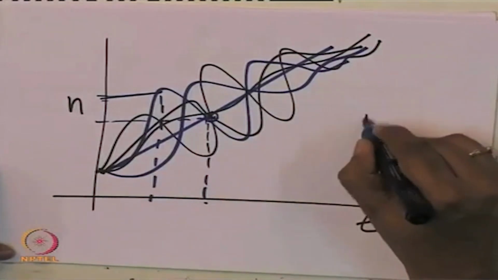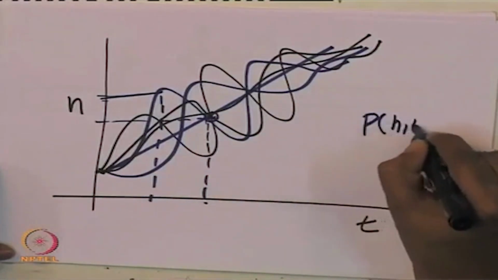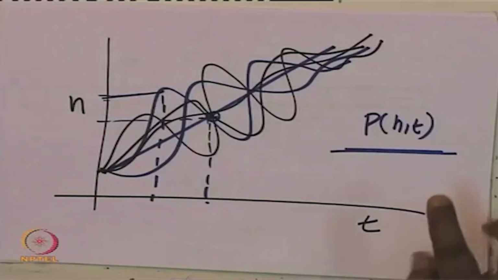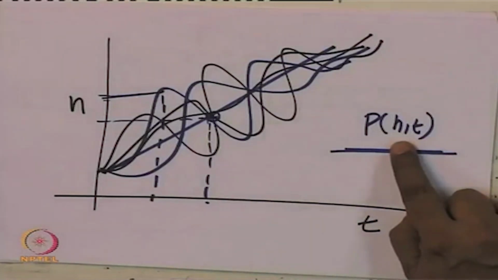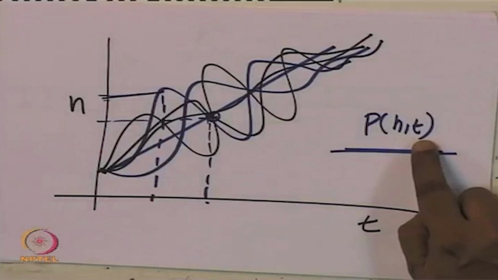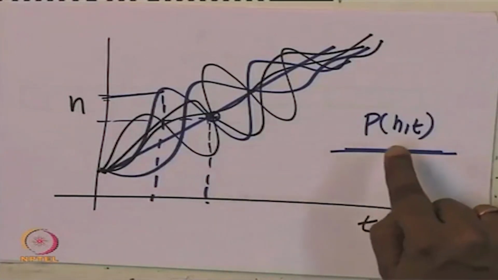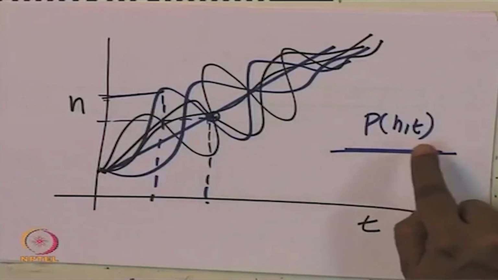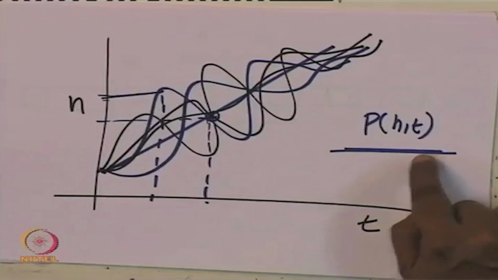From that you can calculate the probability P of n comma t. In principle, one can think of P of n comma t as the probability to have n monomers at a time t in the case of a polymer, or, in the case of a molecular motor, the probability that the molecular motor has moved a distance of n subunits at time t.